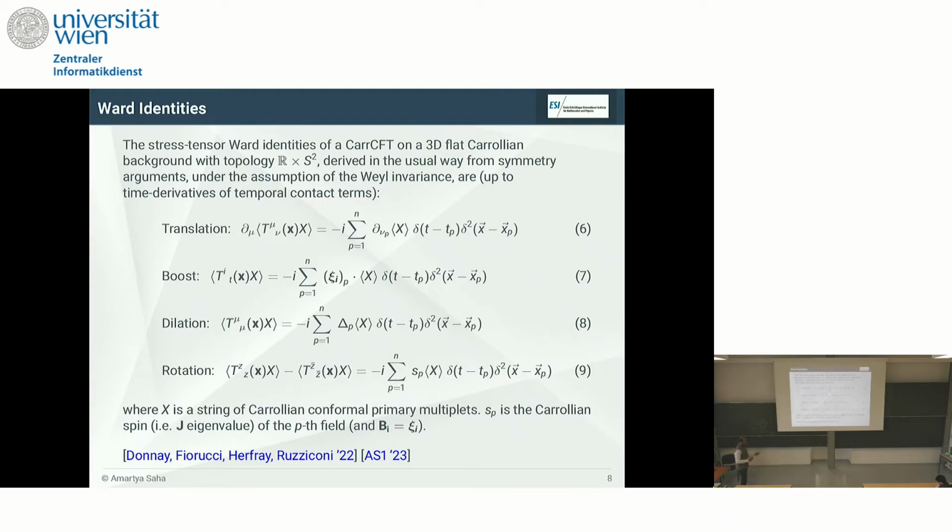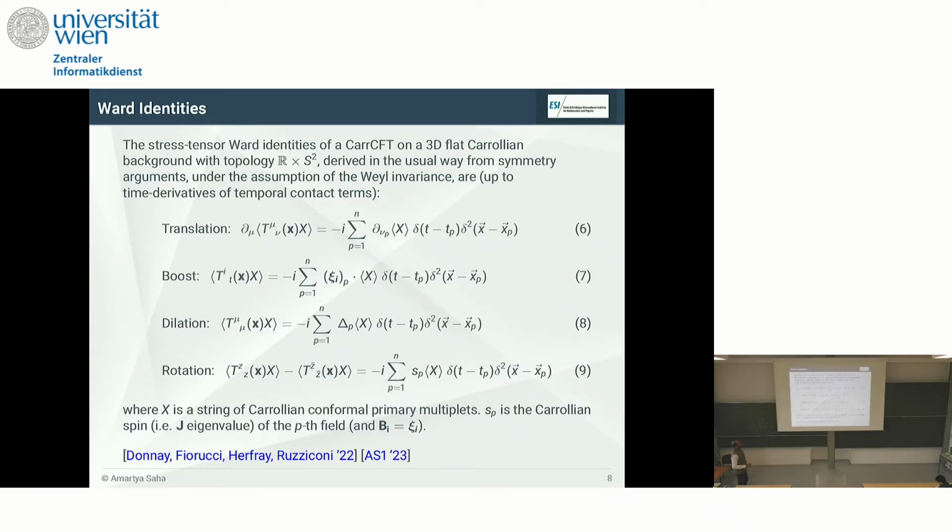With this kind of symmetries, the stress tensor Ward identities are found to be these: 4, 6, 7, 8, and 9. Other than these Ward identities, we find no new Ward identities corresponding to other local symmetries.